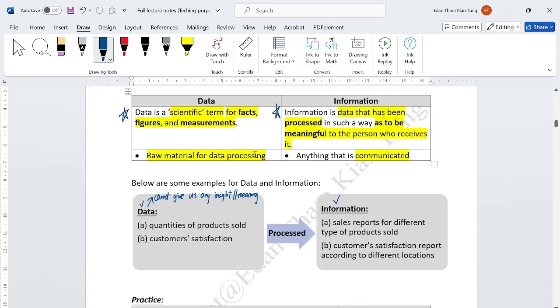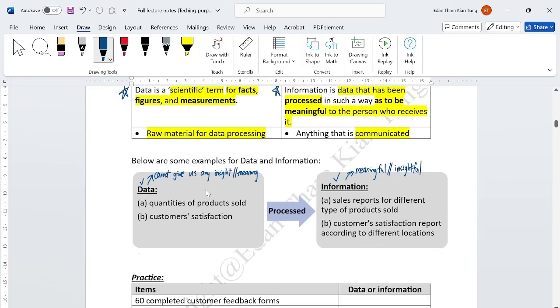All right. On the other hand, information is something that is very, yes, meaningful and insightful. Okay, still can follow guys? All right. So for example, look at example A.